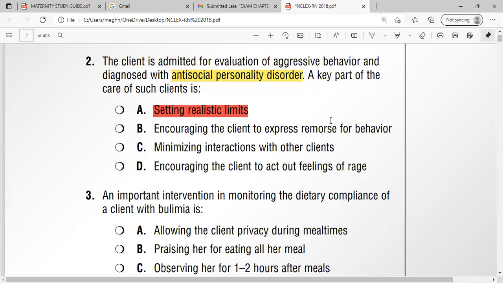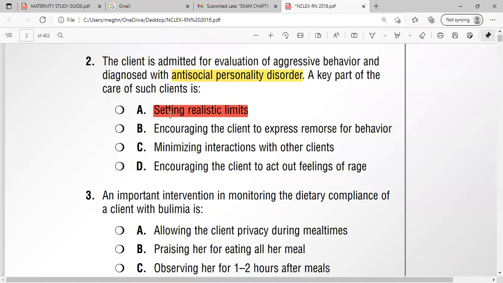Why? The client with antisocial personality disorder must have limits set on their behavior because they are artful in manipulating others.